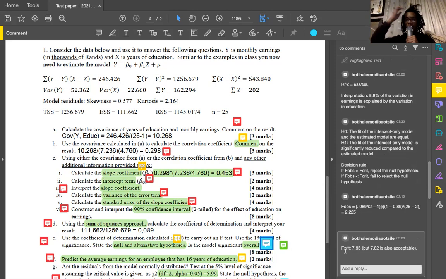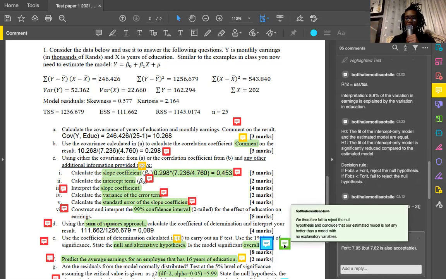I noticed that n minus k equals 23. And I think in the F table, you have 22 and 24, you don't have a 23. In such cases, if you're in the middle, you go with the bigger value. You always go with the bigger value. But in this case, 7.95 or even 7.82 is acceptable. They're not exactly far off from each other.